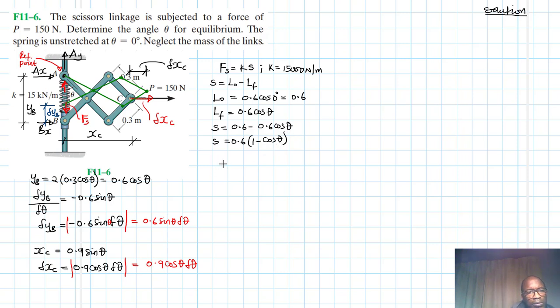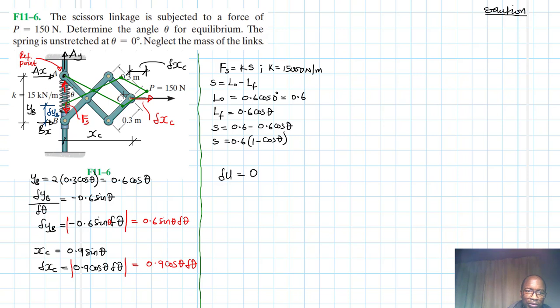So we can now move on to apply the virtual work in the whole system. We know that the total virtual work in the system is equal to 0. And again, the virtual work is just taking place at a point where we have active and reaction forces. So we must have both.